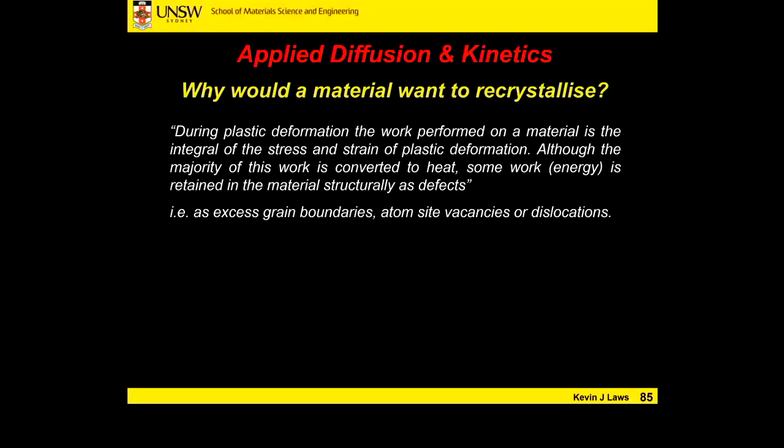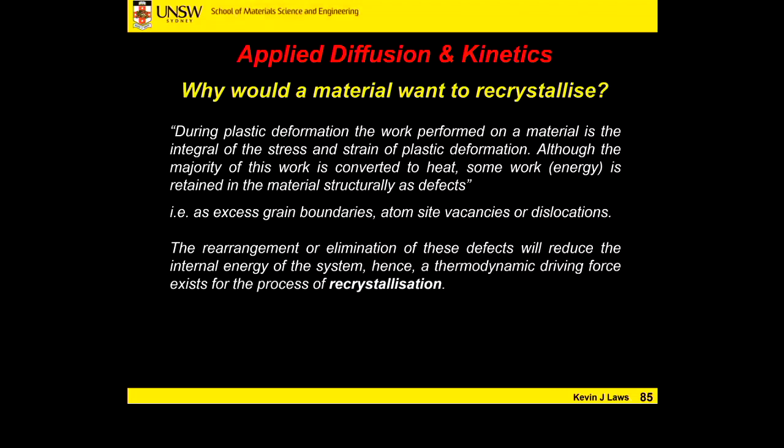So that material wants to get rid of them if it can. The rearrangement or the elimination of these defects will reduce the internal energy of the system. Hence, a thermodynamic driving force exists for the process of recrystallization. Material wants to reduce structural energy. To do that, it has to get rid of these defects. This is the reason that a material wants to recrystallize.